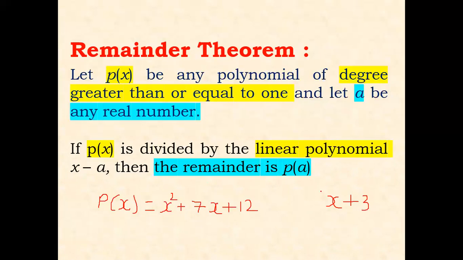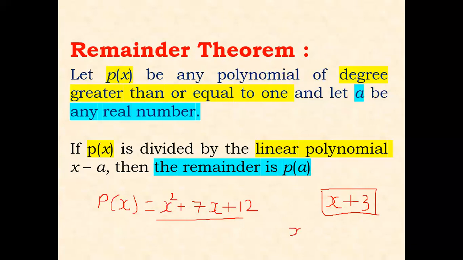Here x plus 3 is the divisor and P(x) is the dividend. We are supposed to divide this polynomial P(x) by x plus 3 and find out the remainder. So we have to find the zero of x plus 3.